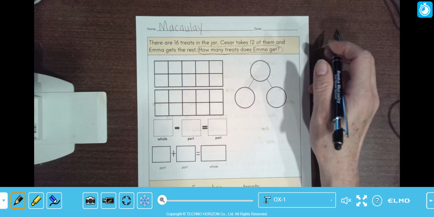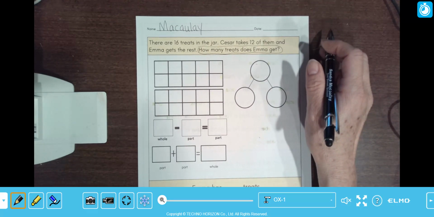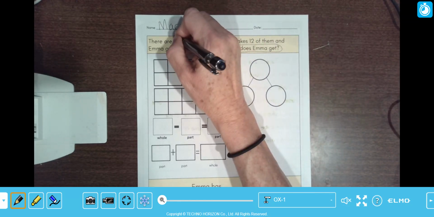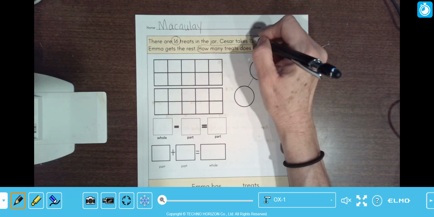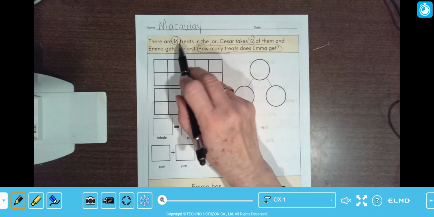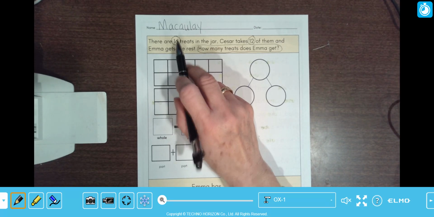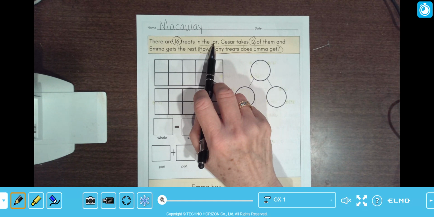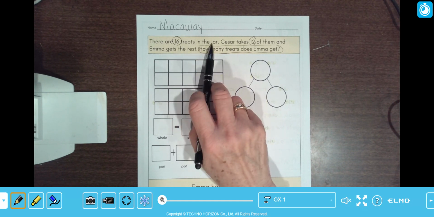Okay? All right. Now, we've got to think about this number 16 and this number 12, and what they mean. So this 16, what does it mean in this story? Well, it means the treats in the jar, right? 16 is for the treats in the jar.